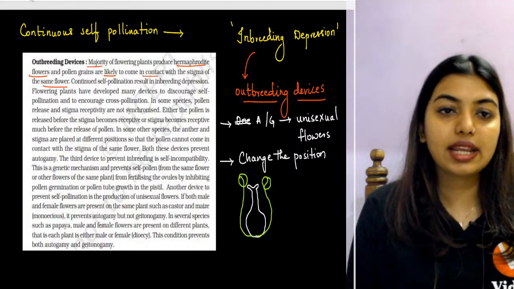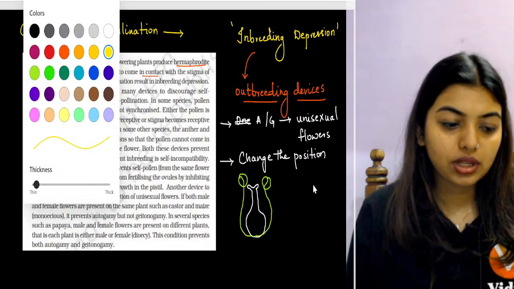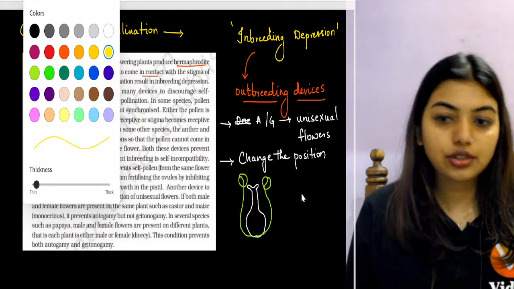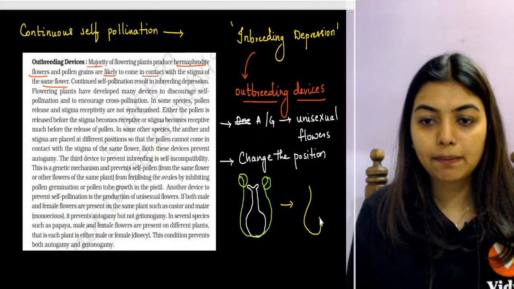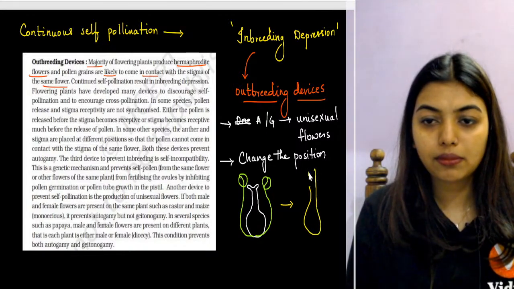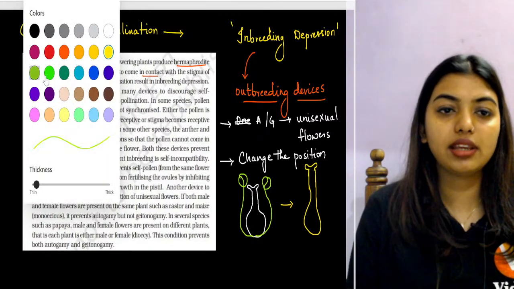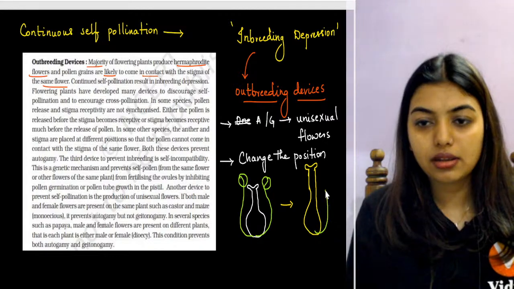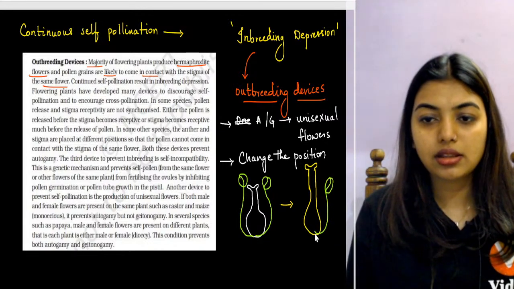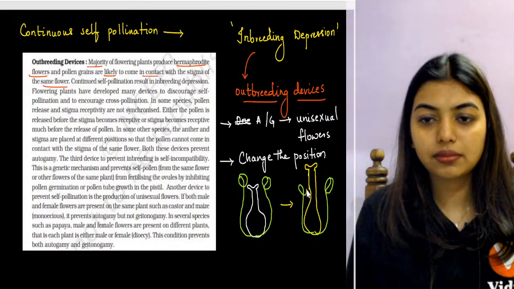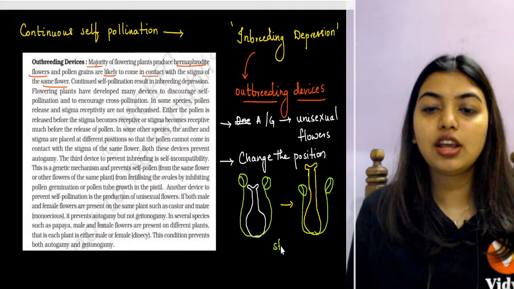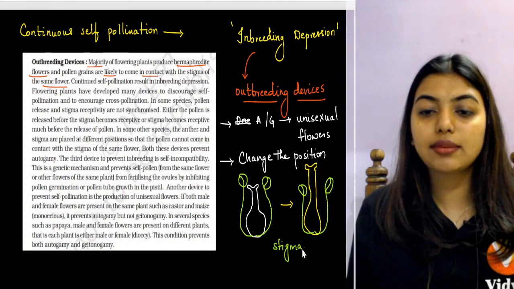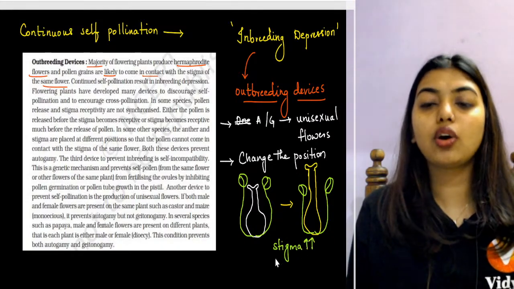Now the second scenario that the plant will decide to do. This is the stigma. Students, the diagram is very important. This is the anther. So the plant will be like, I will make the height of the stigma longer than the anther.